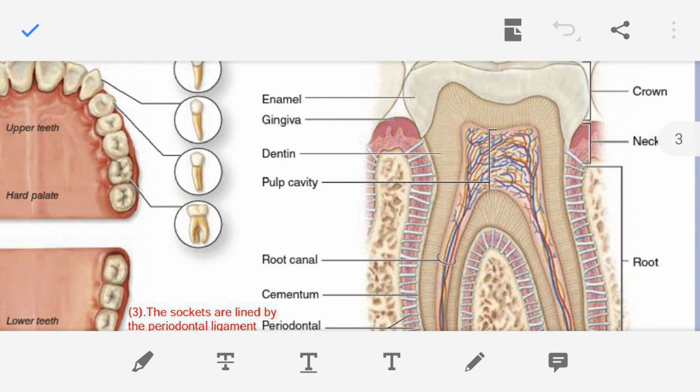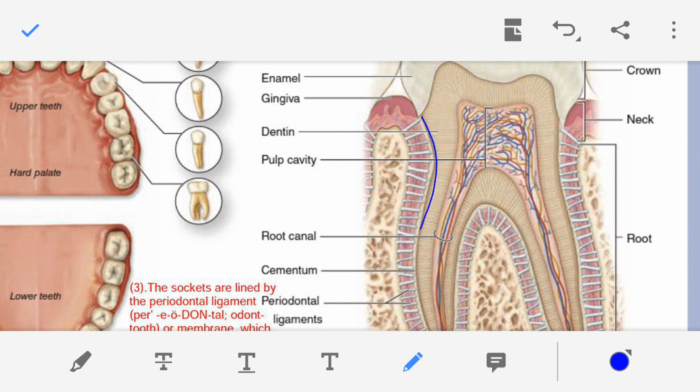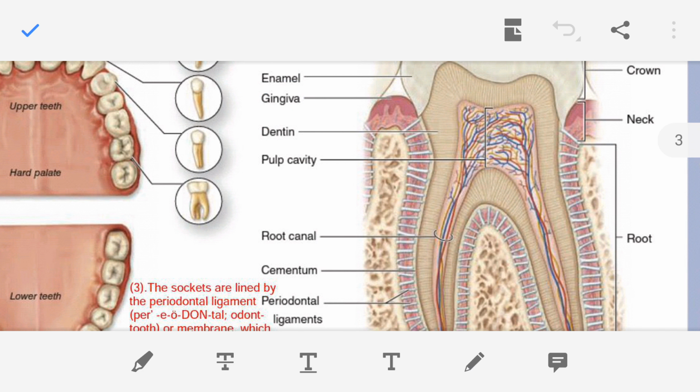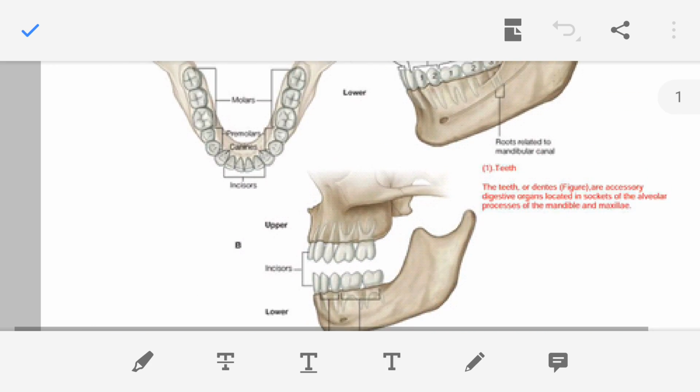So as you can see, the interior border, for example this border and this border, are covered by this pink color portion, and this pink color portion is the gingivae or the gum. Okay, now what is this gum made up of?